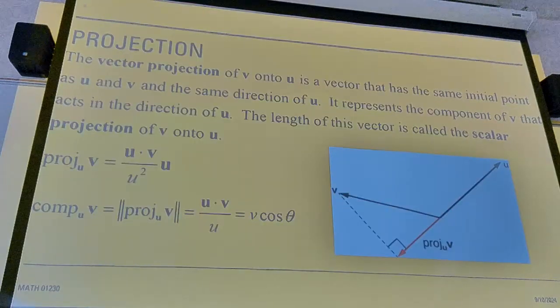In Calc 2, you made an assumption that you're moving in a single direction. You're one-dimensional. Who says it has to be?